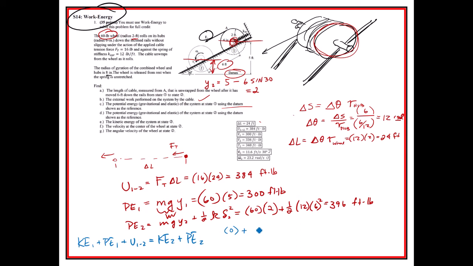And then we had 300, and then this is work added to it, 384. We have kinetic energy 2, and then the potential energy of 396. So the kinetic energy at 2 ends up being 348.